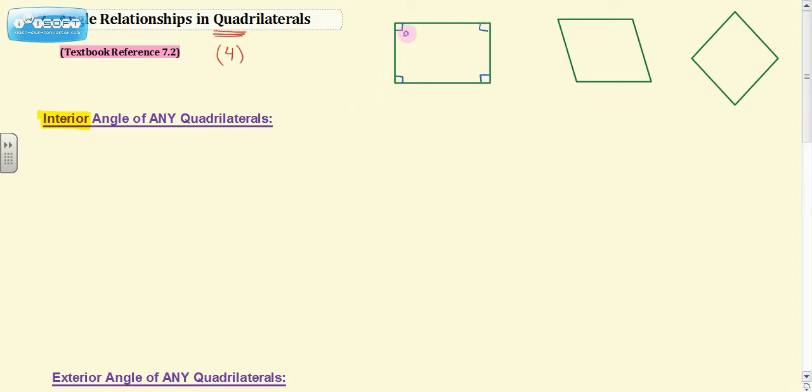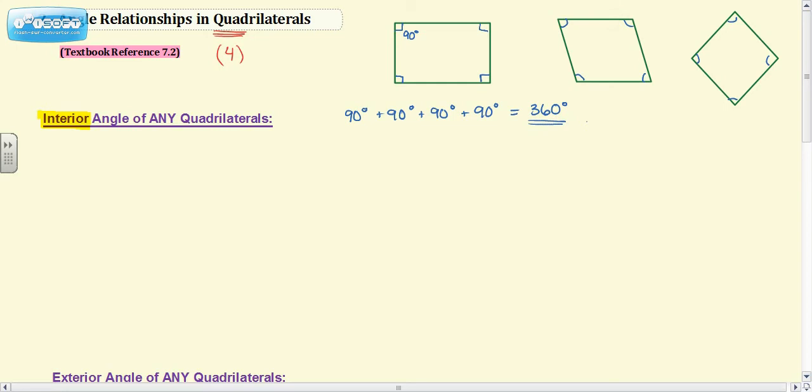A right angle is 90 degrees. So 90 plus 90 plus 90 plus 90 adds up to 360 degrees. If I were to figure out the angles of the other 2 quadrilaterals, I'd find out that when you add up all 4 angles, I would still get my 360 degree sum.